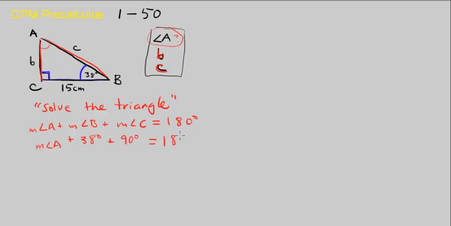So we combine like terms: 38 plus 90 is 128 degrees. We still include the measure of angle B, bring it down, so subtract 128 from both sides. And we get the measure of angle B is equal to 52 degrees.